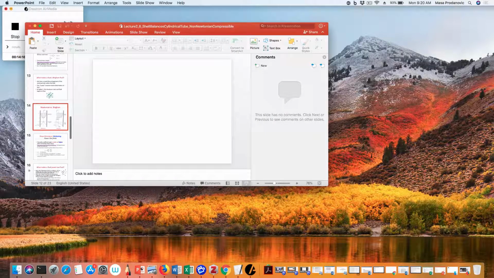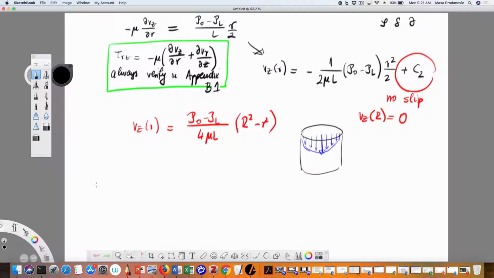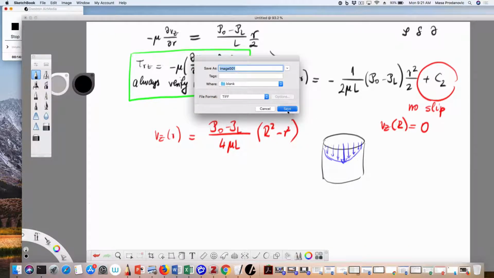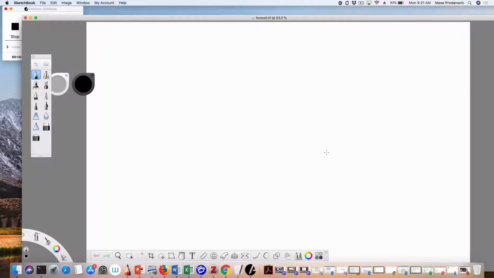As long as I'm going to quickly switch. Okay. Getting there, I hope.